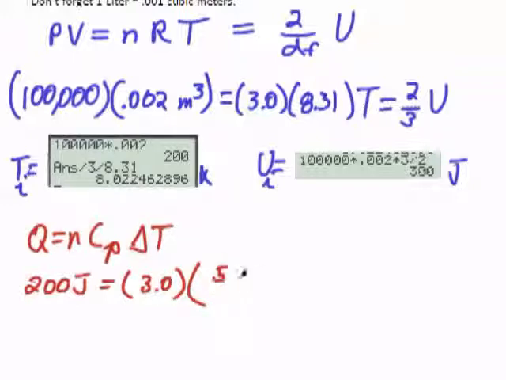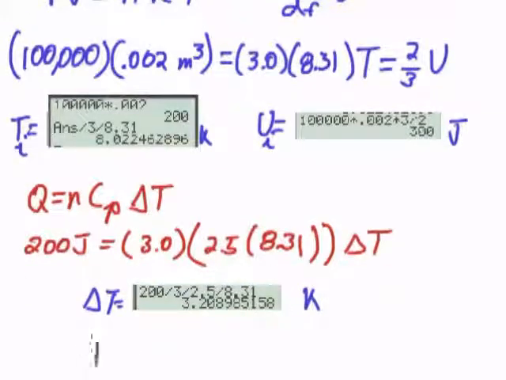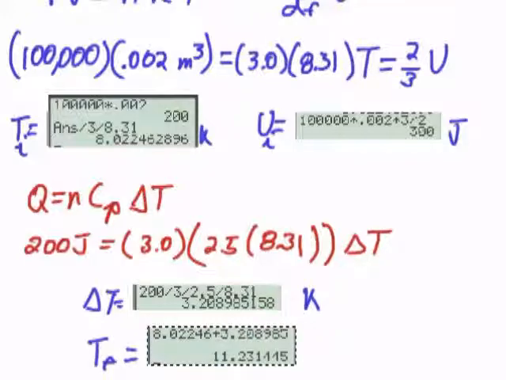Let's just call it 2.5, times our delta T. And I left out something fairly important. It's got to be 2.5 R, which is 8.31, which gives us a change in temperature of 3.2 Kelvin, and a final temperature, T final, of 8.02 plus 3.2, about 11.2 Kelvin.